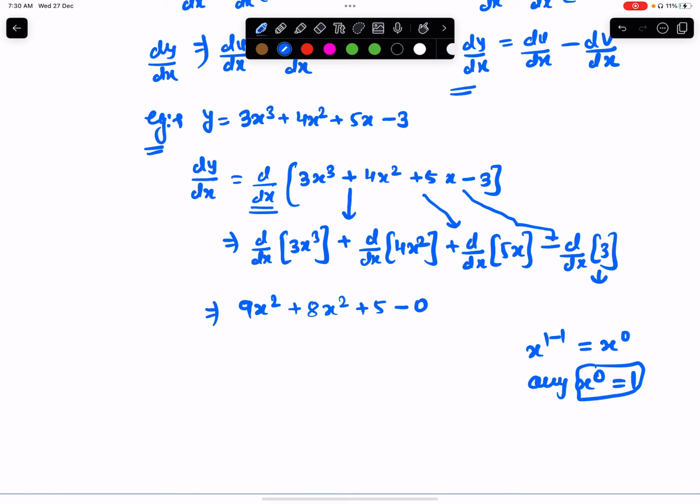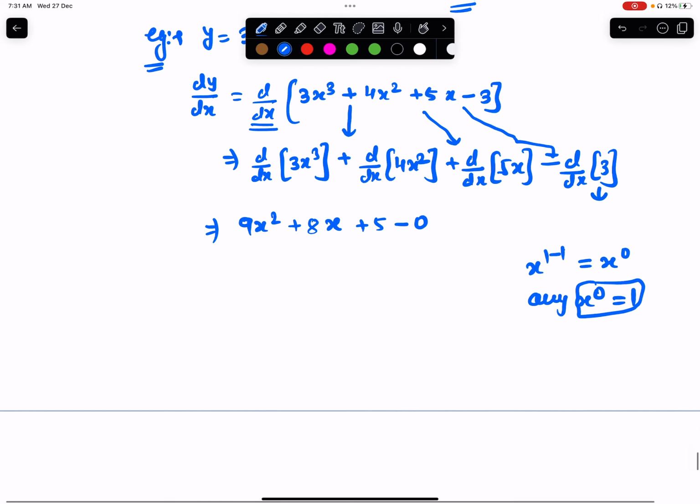So this is 1, and we get 5. Here we have 4x square, we reduce the power by 1, this becomes x, and multiply by 2, that is 8x. So this is our answer.